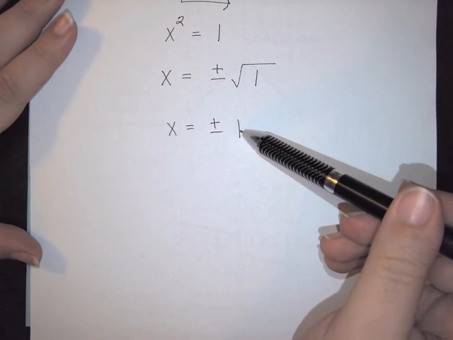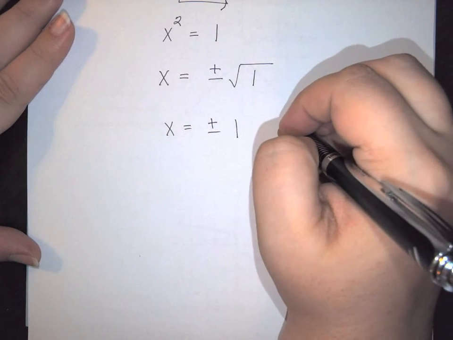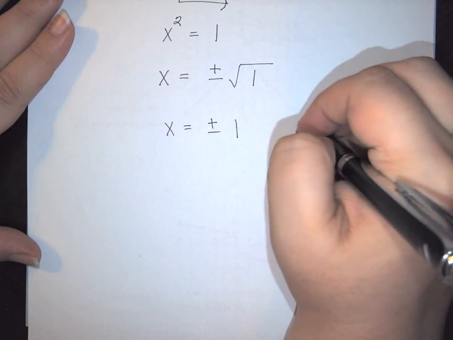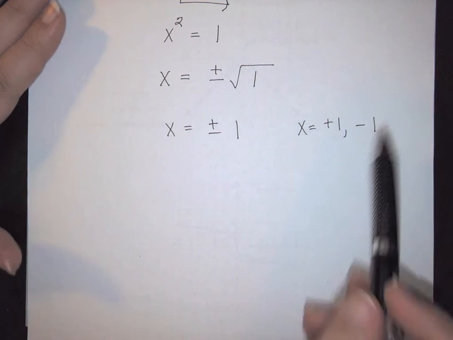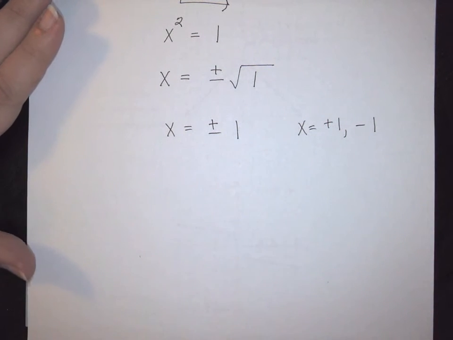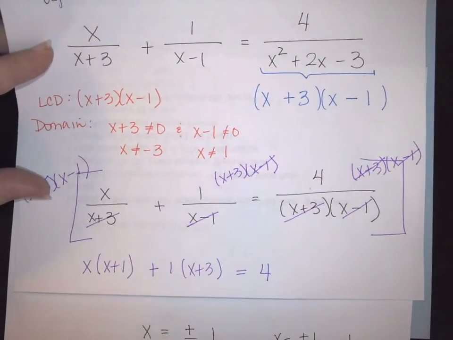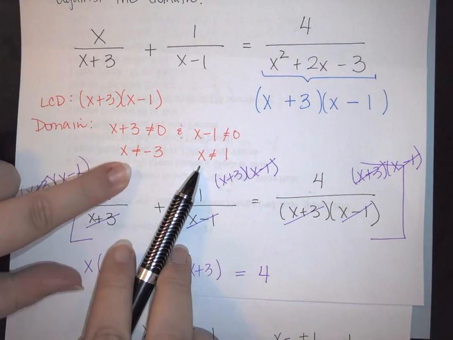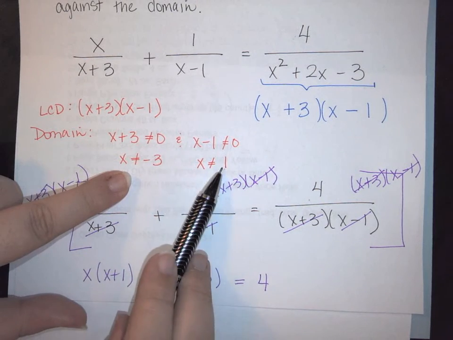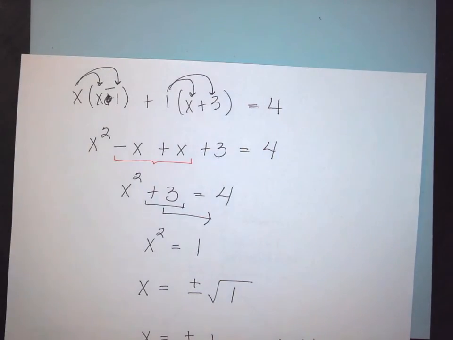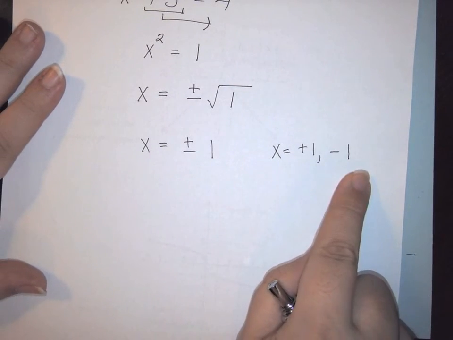Now, notice that also means you could write them separately: x equals plus 1 and minus 1. Now if you look at these, you have to remember way back in the beginning, we found the domain. And the domain here says x can't be negative 3, x can't be 1. In this case, I'm saying 1 and negative 1.